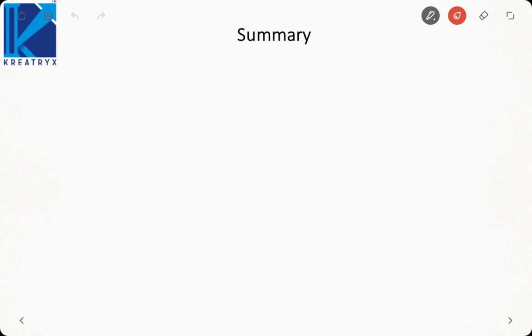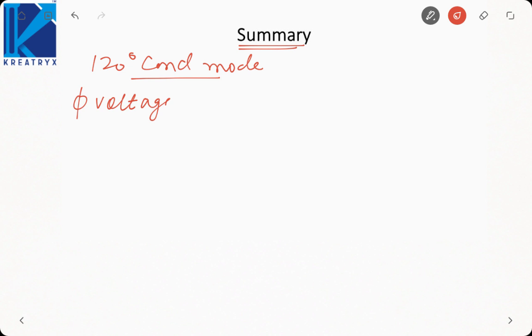So let us summarize what we covered in this lecture. We first saw the 120 degree conduction mode. We saw the waveforms for the phase voltage. For the phase voltage, the waveform was something like this.